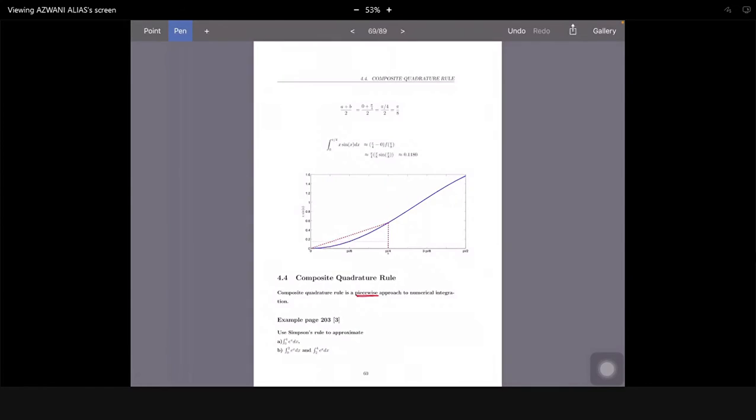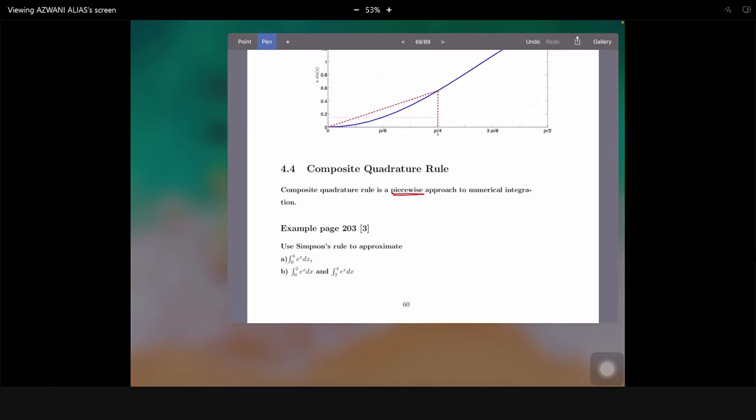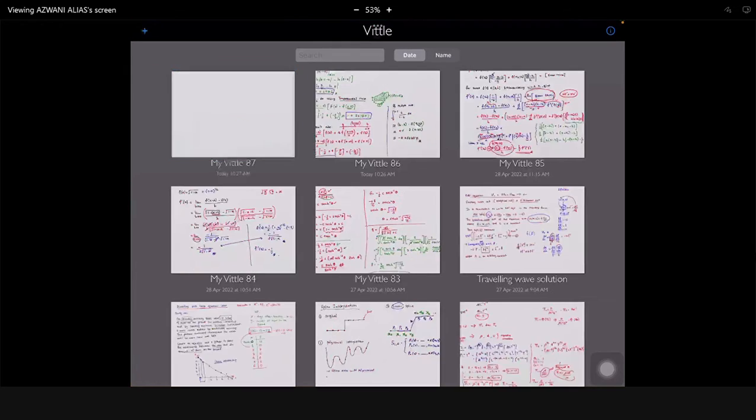Kita buat dulu as a example ni. So saya tulis kat sini lah. Alright, so this is the example. Let's say we call it intro to composite quadrature rule.